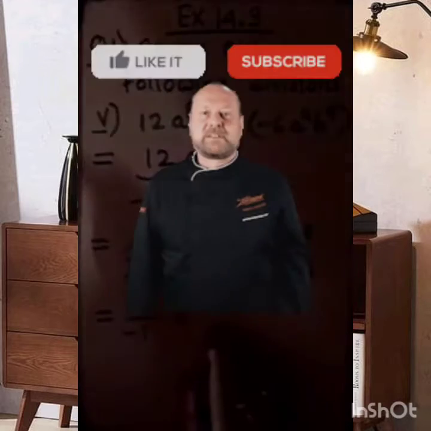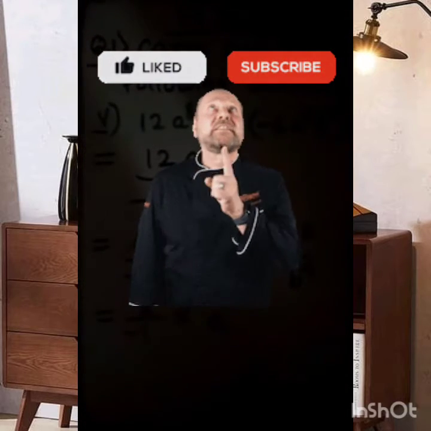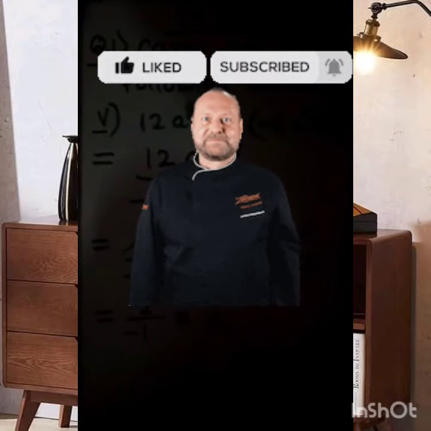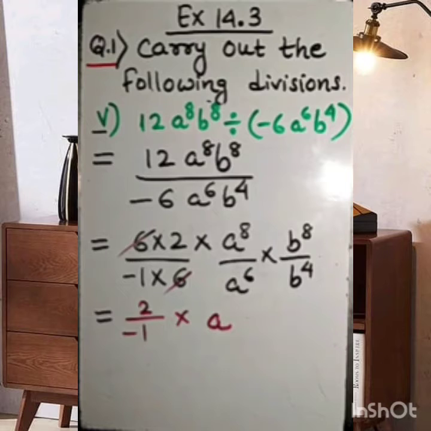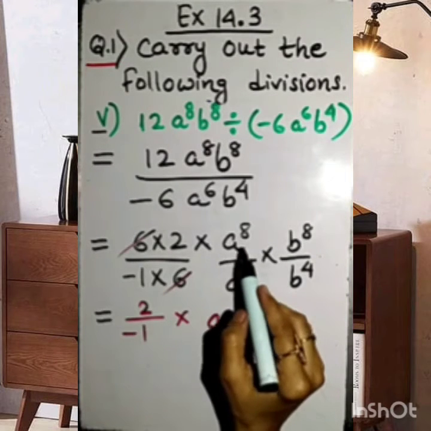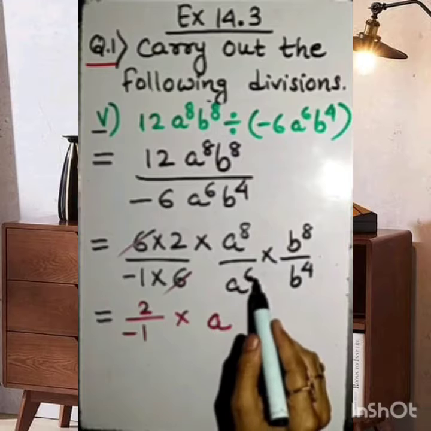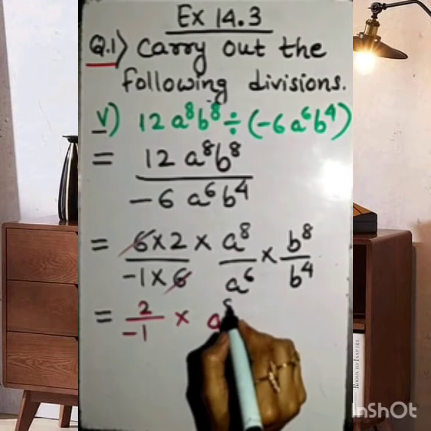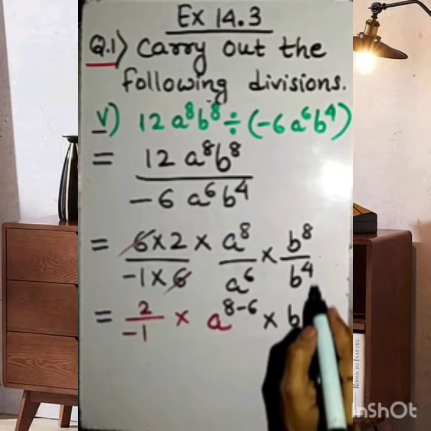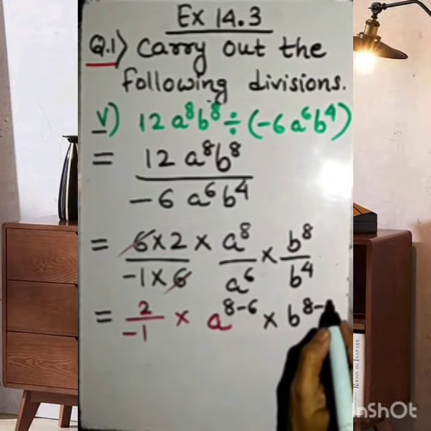Now dear student, here a to the power 8 upon a to the power 6. So let's simplify. What do we have here? 6 we have already cancelled. Now as I was teaching you here, a to the power 8 and a to the power 6, so we can write 8 minus 6 in the numerator. As the law of exponent we are applying, this is 8 minus 4.